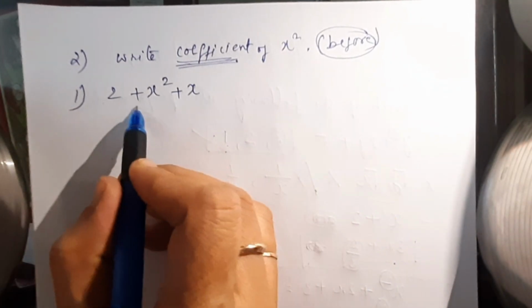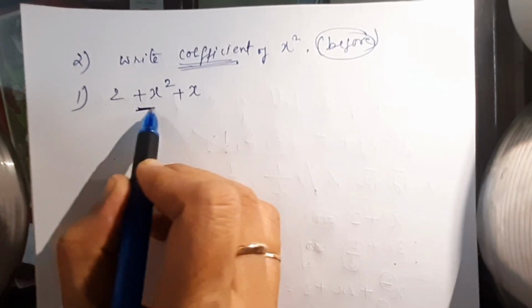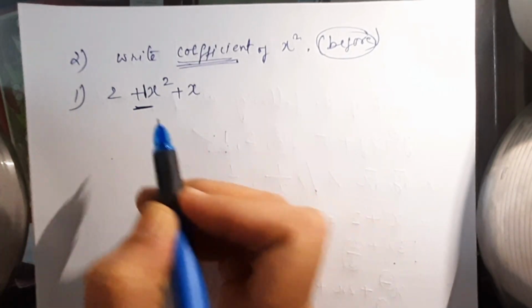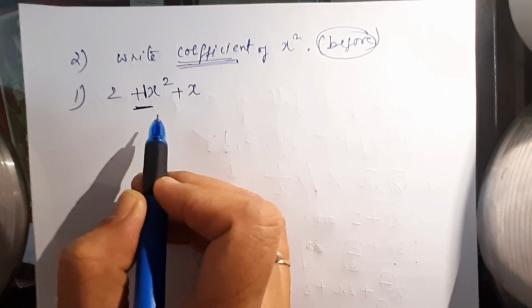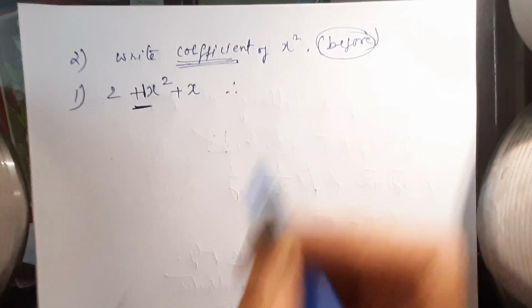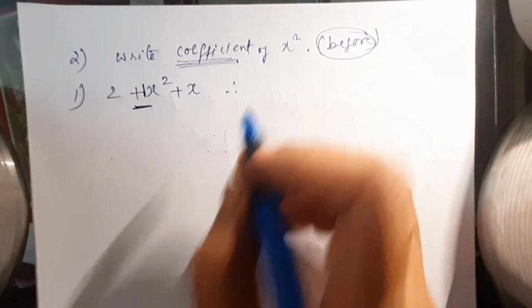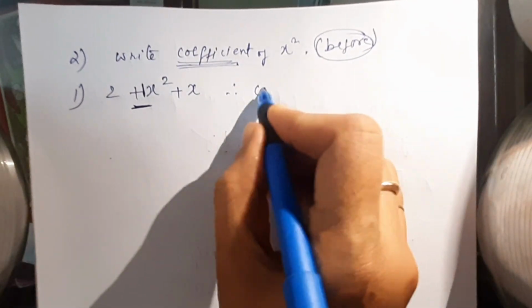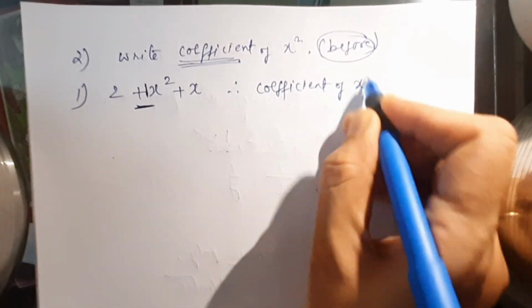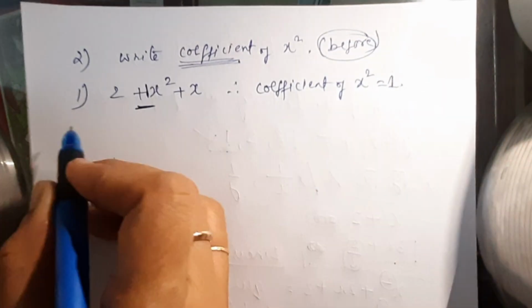We need to write what is the coefficient of x square. Here nothing is there before x square, which means 1 is there. If no number is present before the term, we consider it to be 1. Therefore, the coefficient of x square is 1 for this first question.